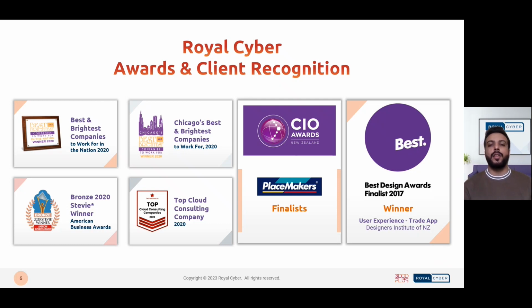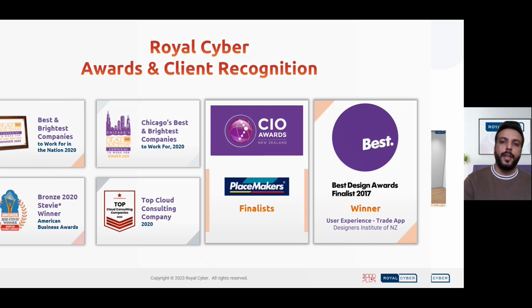We've been awarded as one of the top cloud consultancy companies in 2020. We've been part of the American Awards. We've been finalists for the CIO Awards and the Best Design Awards. So we try to innovate, we try to create a culture for our employees, and we try to provide the best environment for our customers and employees alike to provide you the best results.